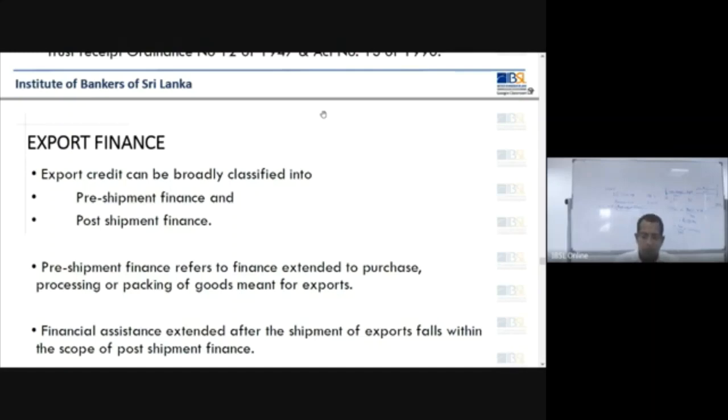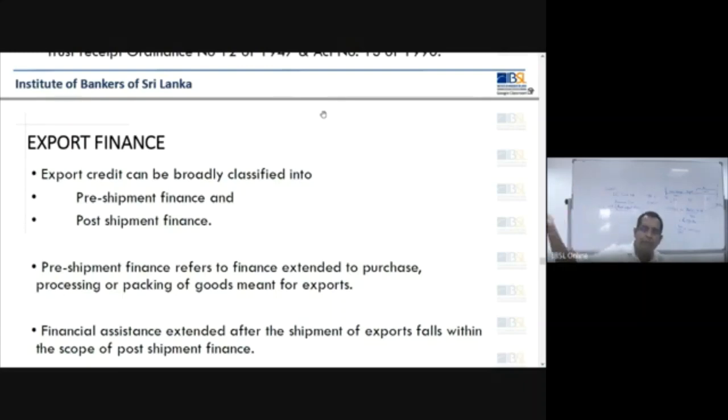The amount we grant from a purchase order depends on the contribution or gross profit margin of the company, right? If the gross profit margin is 60%, we give only 60% of the purchase order, to manufacture or purchase, pack and keep ready for export.